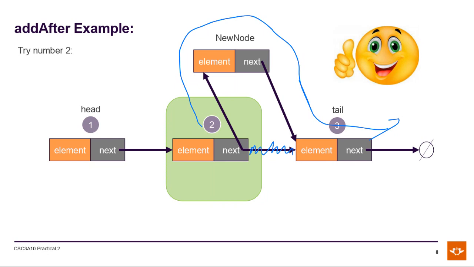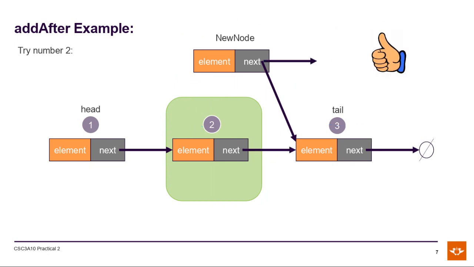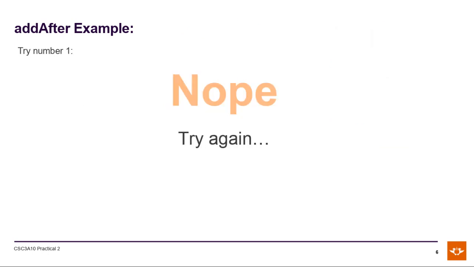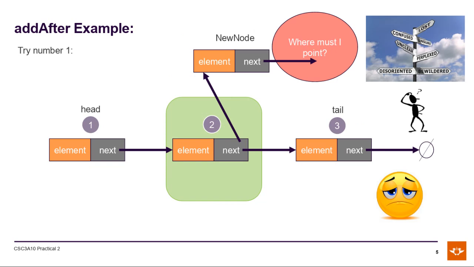Then why can't we do it the other way? Well, we saw two slides ago. If we first start by updating this particular reference to now point to the new node, this one no longer exists. So how do we actually figure out how we're supposed to update the next reference of our new node?